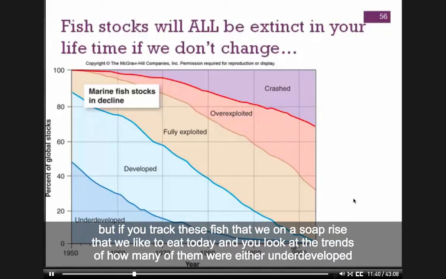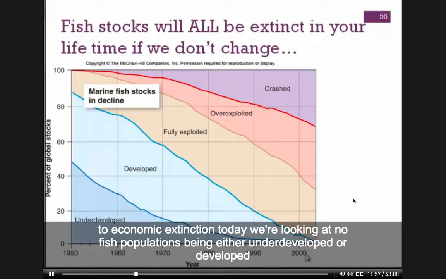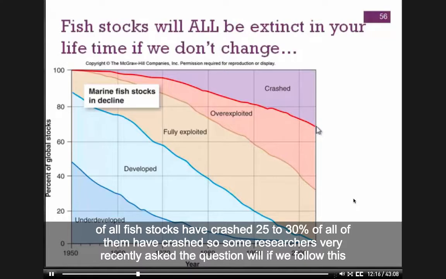But if you track these fish that we so prize, that we like to eat today, and you look at the trends of how many of them were either underdeveloped, developed, fully exploited, overexploited, or the populations had actually crashed to economic extinction, today we're looking at no fish populations being either underdeveloped or developed, and a huge chunk of them being either fully exploited, overexploited, or in fact, we have somewhere around 25–30% of all fish stocks have crashed.